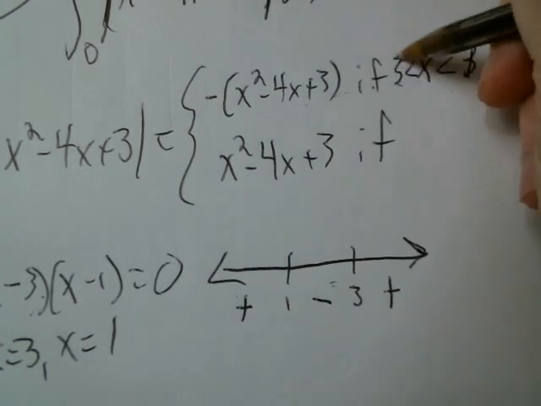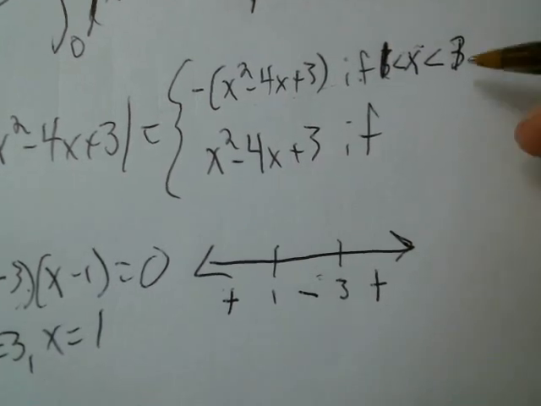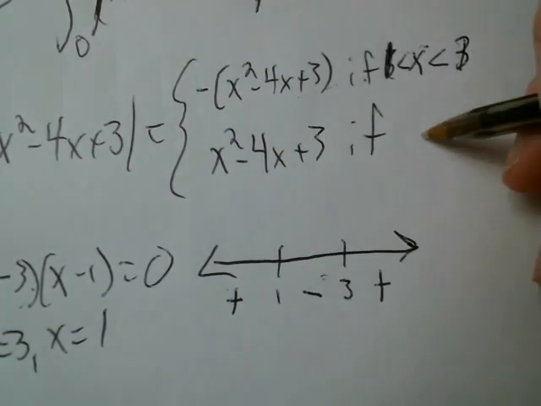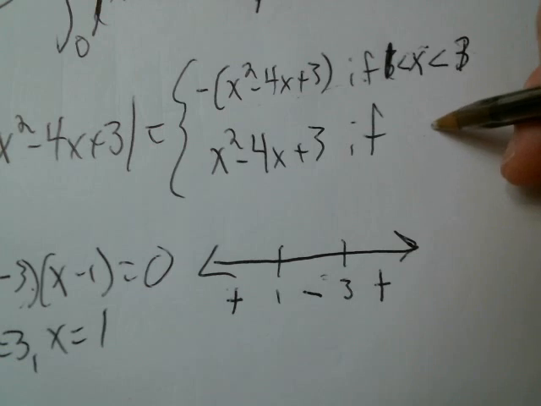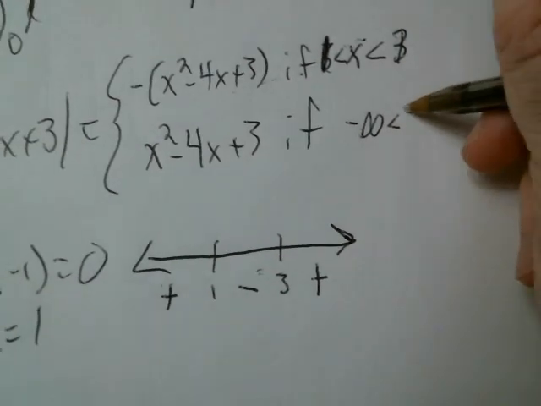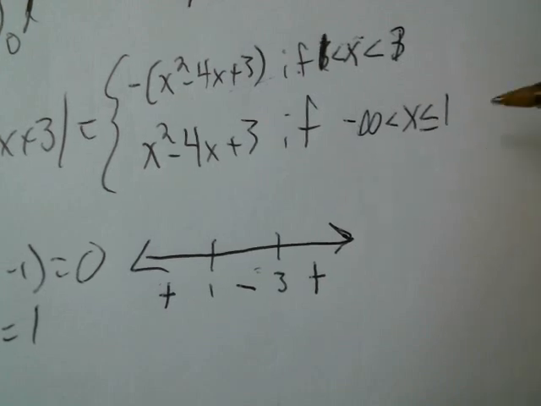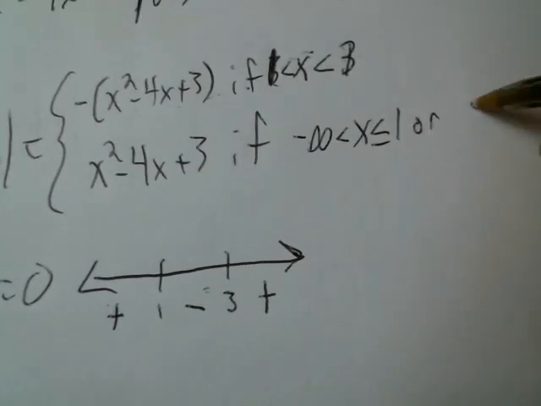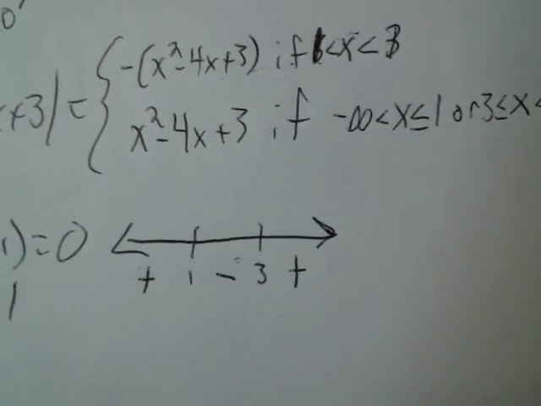Whoops, I wrote that in the reverse order. And then it's positive if x is between negative infinity and 1, or x is greater than or equal to 3 but less than infinity.